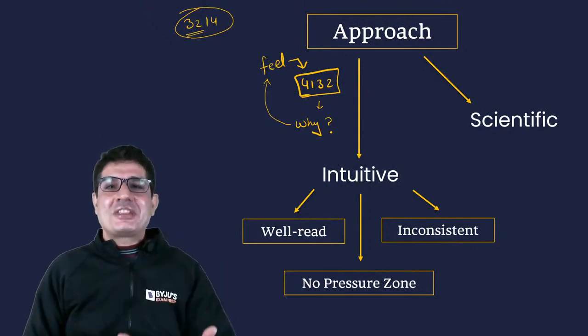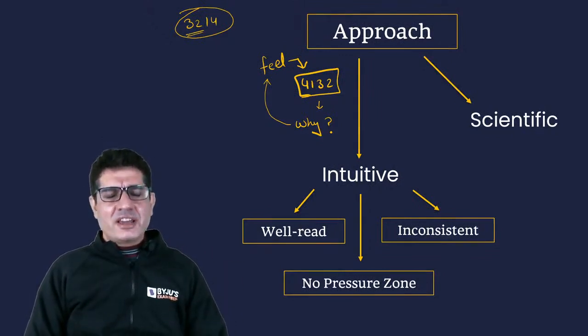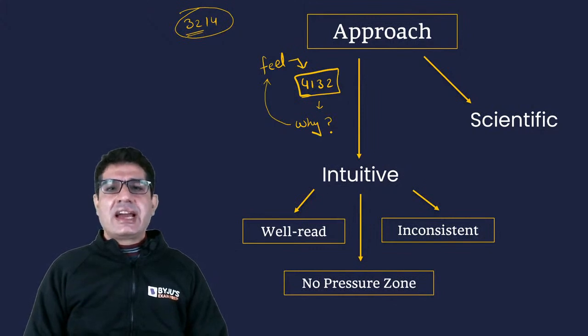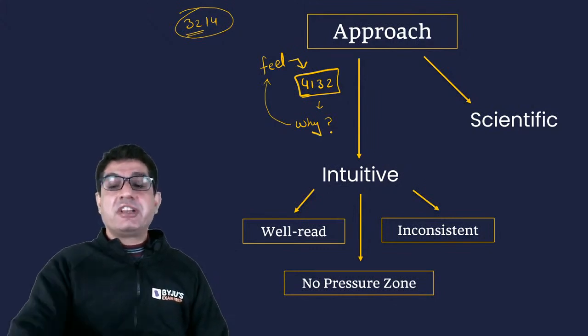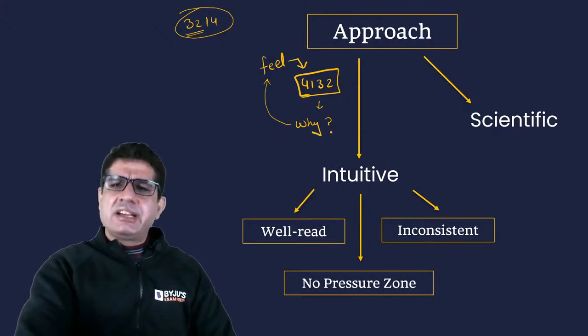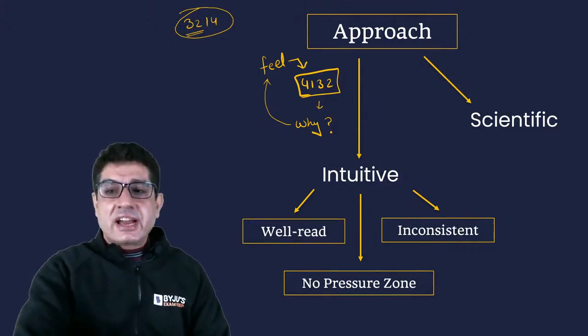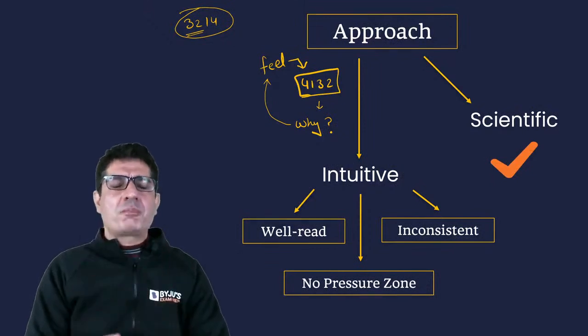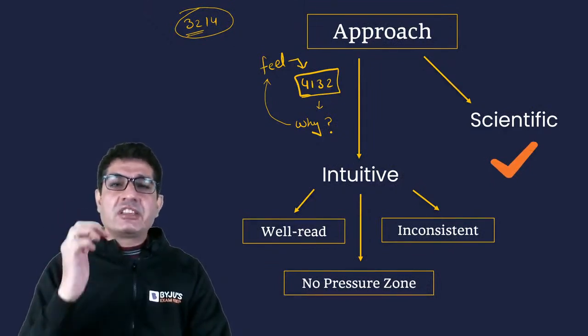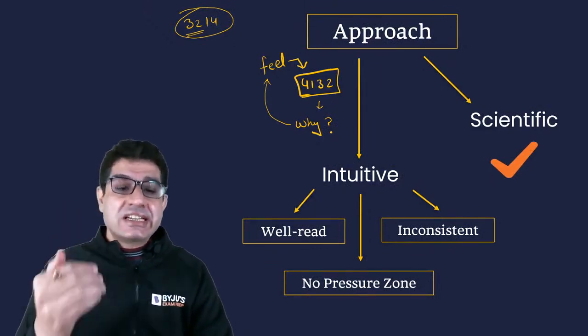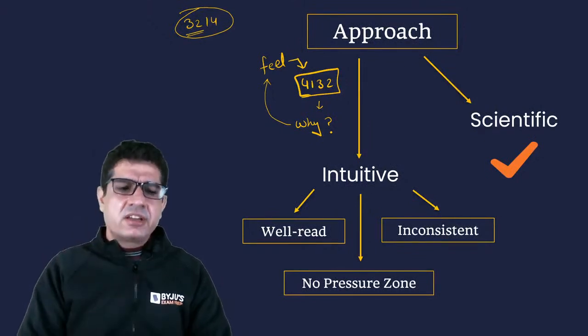You can't work on that intuition. And therefore, I'd recommend that if you're solving these questions intuitively, stop doing this. I will definitely, unambiguously advocate for the scientific approach, the logical approach where every sequence is backed up by some sound rationale.